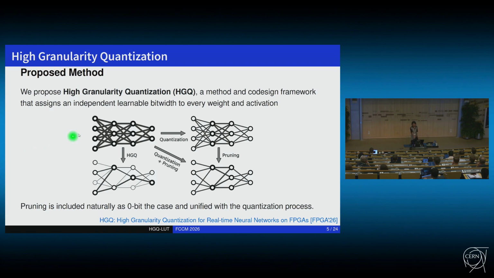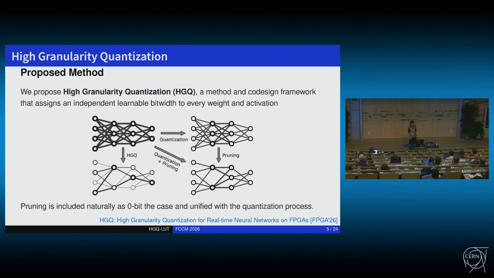In the non-quantized case, every edge represents a high bit width weight, and a node is an activation bit width. If you do the quantization, the width can be lower, but it's still uniform across layers. And if you do pruning, it's still the same. But if you do the high granularity quantization, you do pruning and quantization in one shot, because the 0-bit quantization is naturally represented as pruning.